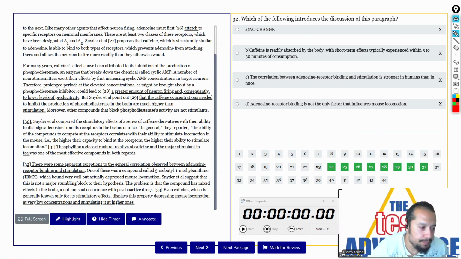Okay, look at this. We're introducing the discussion in the paragraph, right? And you're going to find right there, this will help you get the answer. What do these details say? There's a problem in their theory.